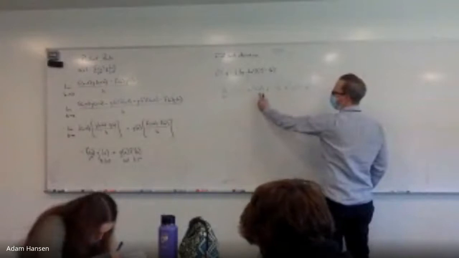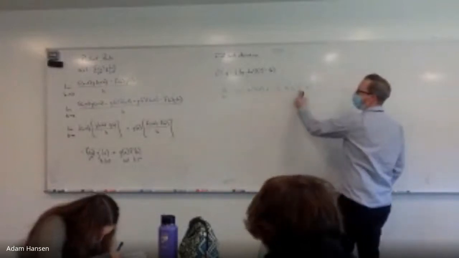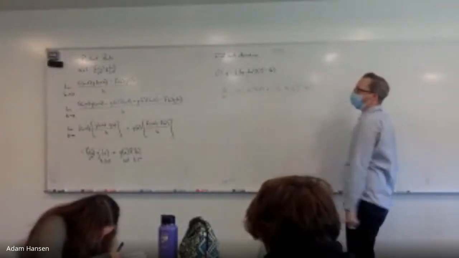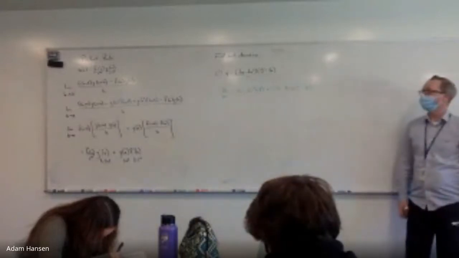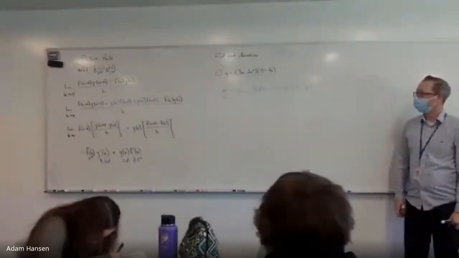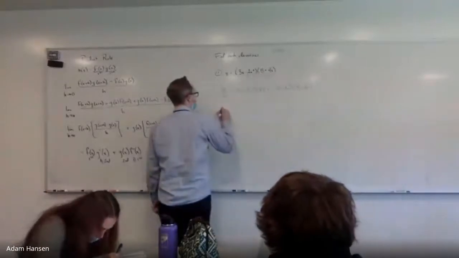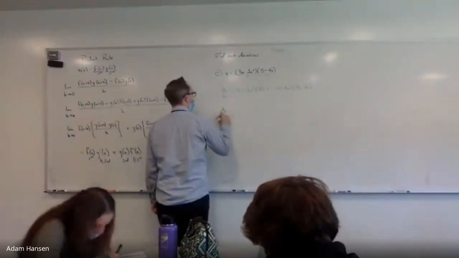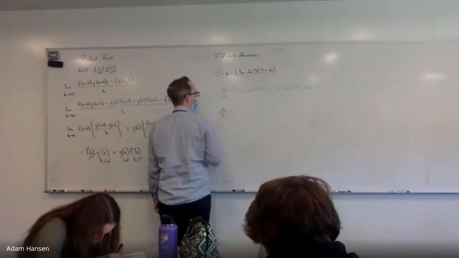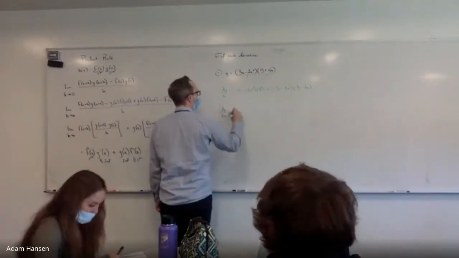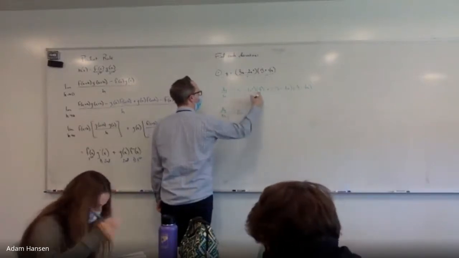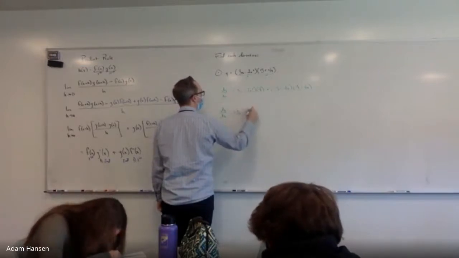First times the derivative of the second plus the second times the derivative of the first, pairing each of those products up. Now I'm going to simplify this a little by multiplying and distributing, but all the calculus work is done. The rest is just a little algebra to clean it up. 3x times 4 is 12x. 2x squared times 4 is 8x squared.